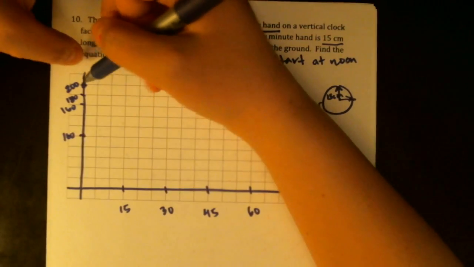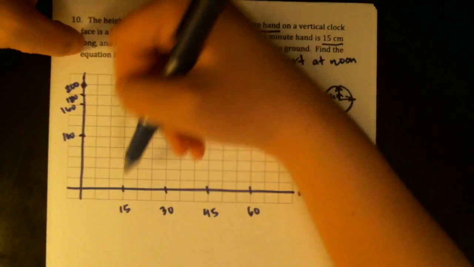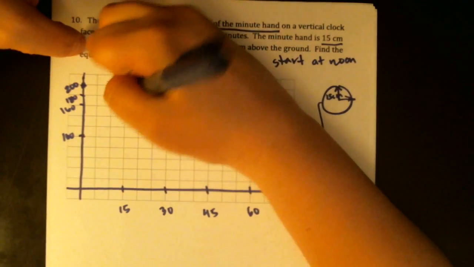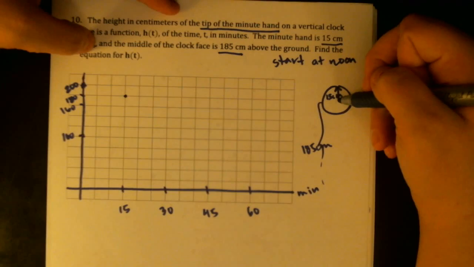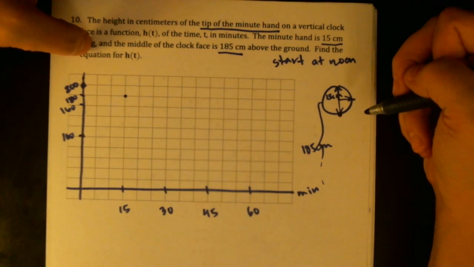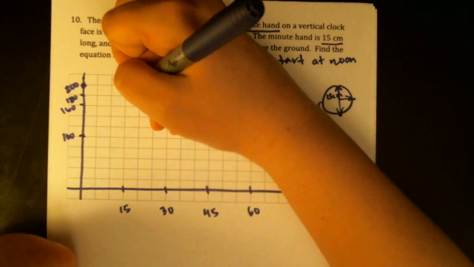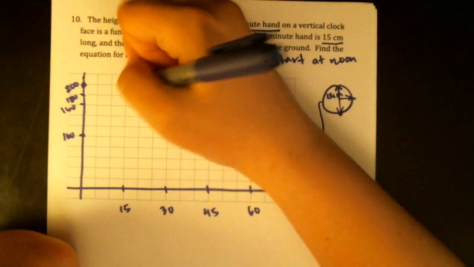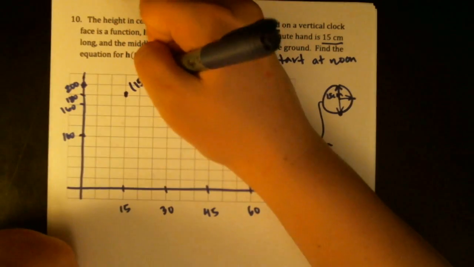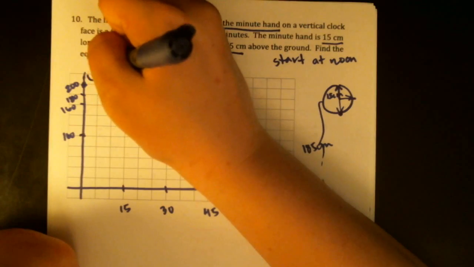So starting from the top, after 15 minutes, I've gone a quarter of the period and I'm at equilibrium. After another 15 minutes, the minute hand's pointed straight down. So I'm at the bottom. Oh, and I wasn't being careful here. This should be slightly higher. So this is 15 minutes back to a height of 185. This was 0, 200.